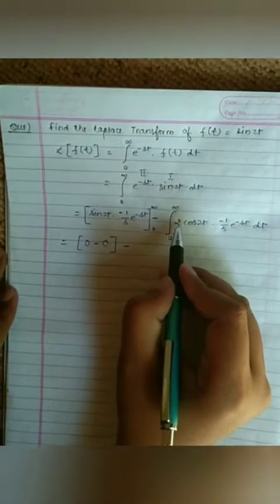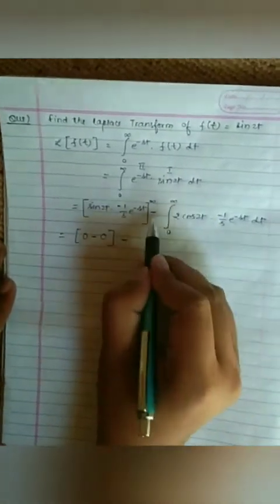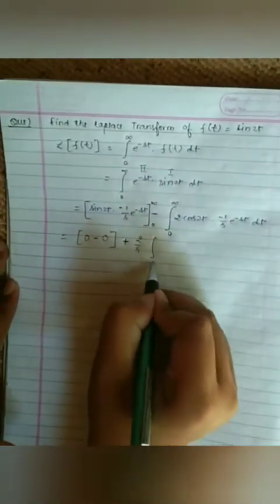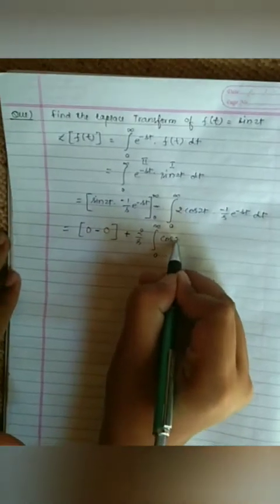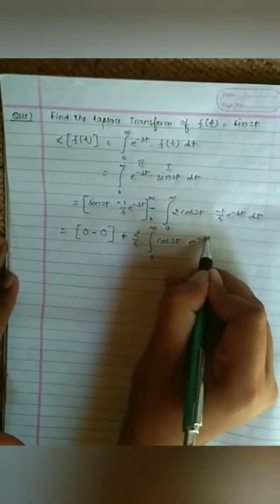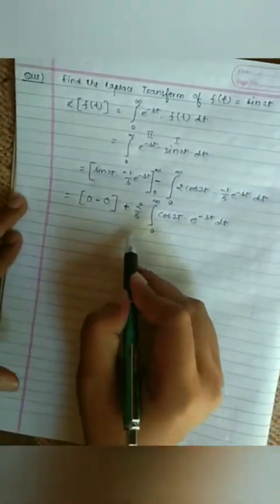We can take minus 2 by s outside and this minus will become plus. So 2 by s integration 0 to infinity cos 2t into e power minus st dt. So we are remaining with this integral.